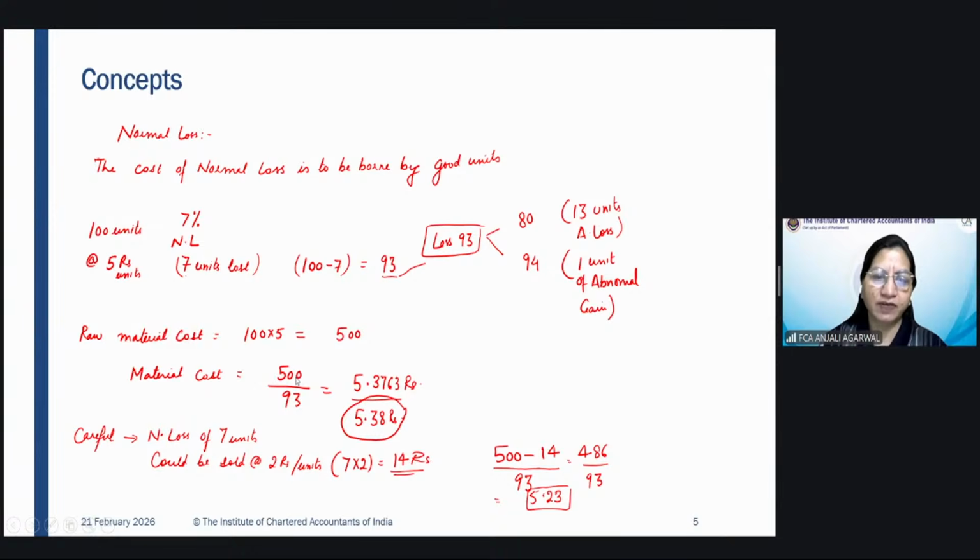We will charge 500 minus 14, divided by 93. So if there is normal loss, your cost will become a little inflated. But if normal loss can fetch something, it will not become very highly inflated. It will get reduced to some extent, depending upon the price at which the normal loss is sold.